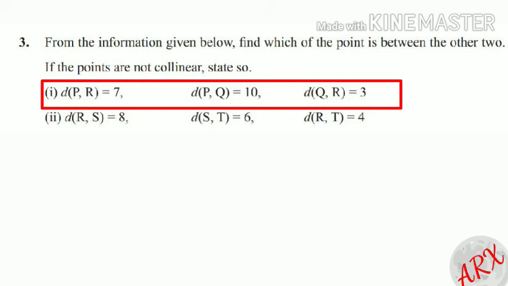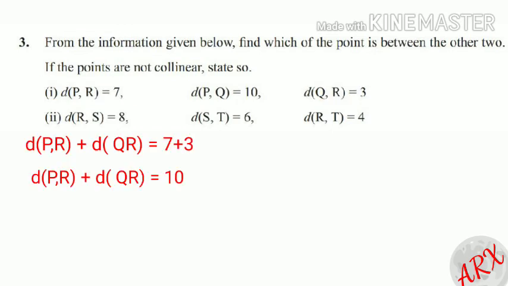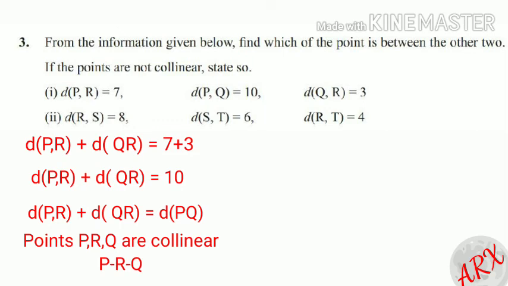Now out of these distances, distance PR and distance QR are small. Hence, we'll do their addition. 7 plus 3 equal to 10. Now distance PR plus distance QR equal to 10 equal to distance PQ. Hence, points P, R, Q are collinear and point R lies between points P and Q.